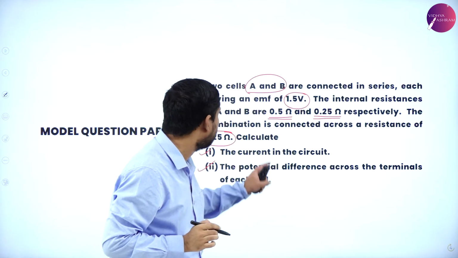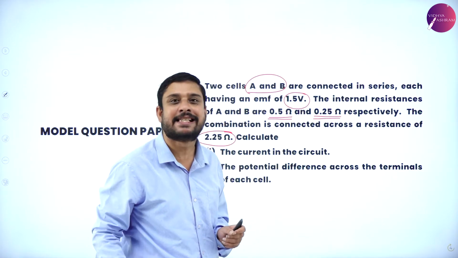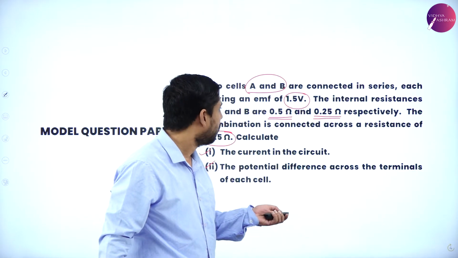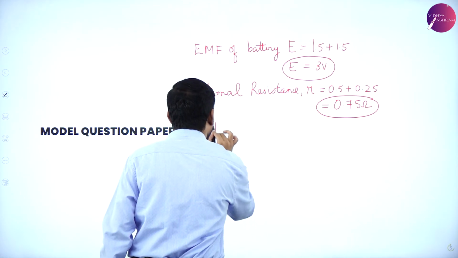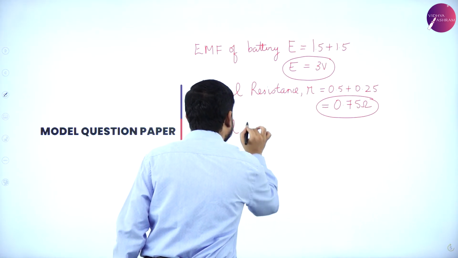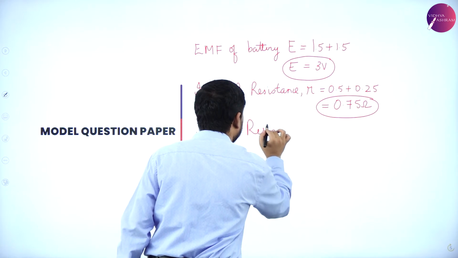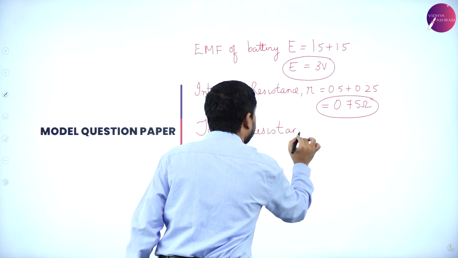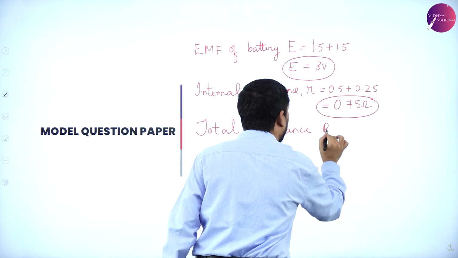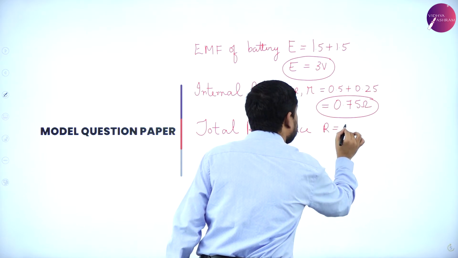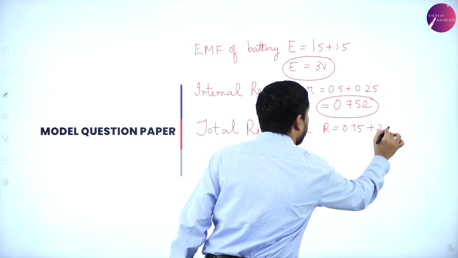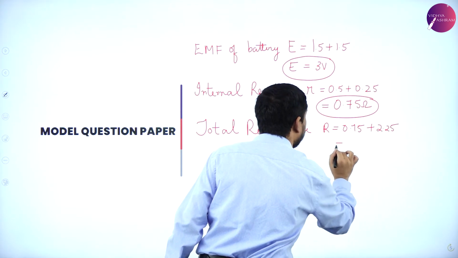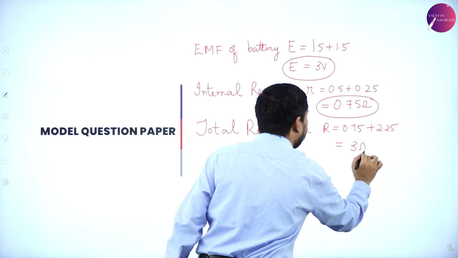And you observe there is an external resistance also. So the total resistance R is equal to 0.75 plus 2.25, which is 3 ohms.